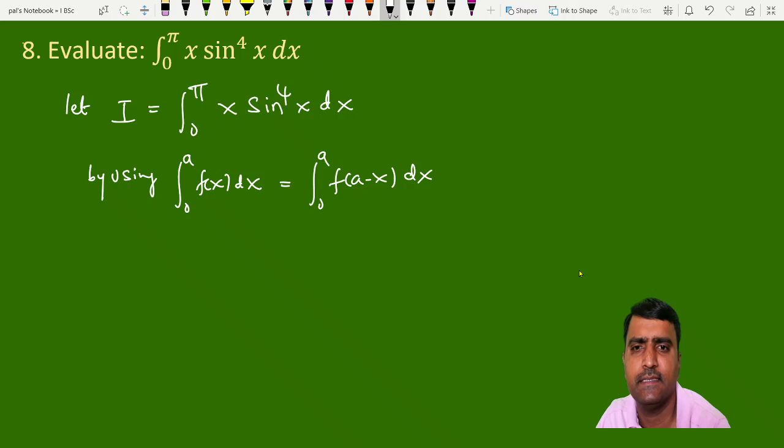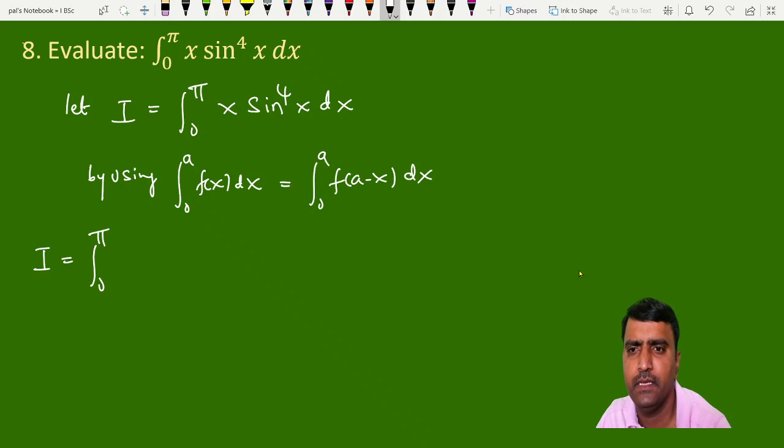A minus x, where a is the upper limit, so the lower limit should be 0. So this is also in the same format. 0 to pi is there, in place of a we have pi, so use this property here.